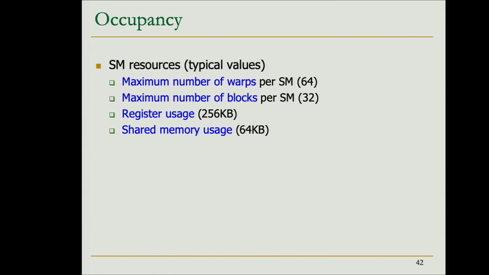For sure, the GPU has a very smart thread scheduler, and as soon as one of these thread blocks finishes, completes its execution, there is a free slot, and the thread scheduler is going to put there and start running a new block, right? And that's how it's going to work.